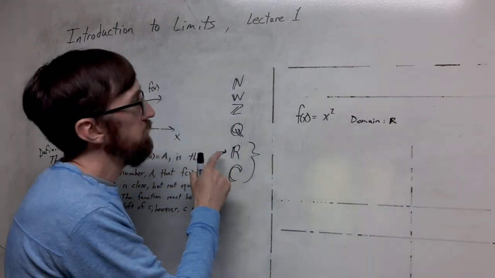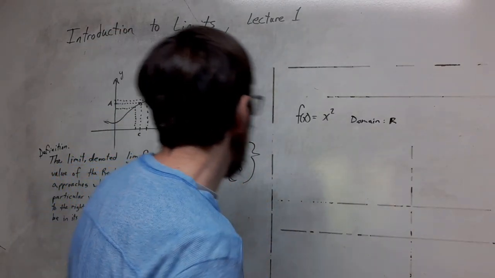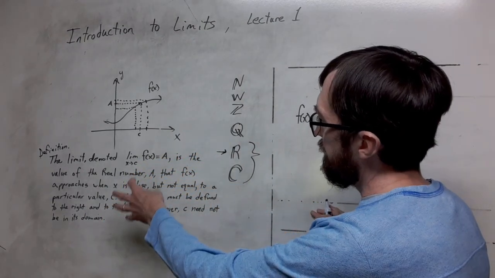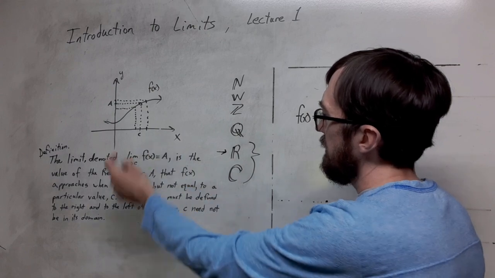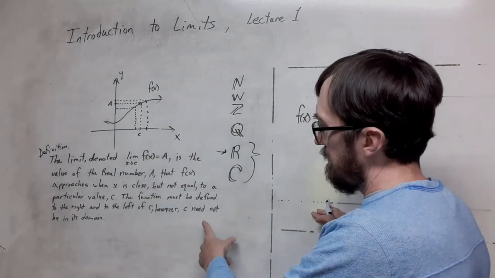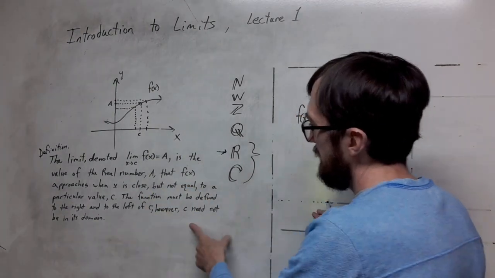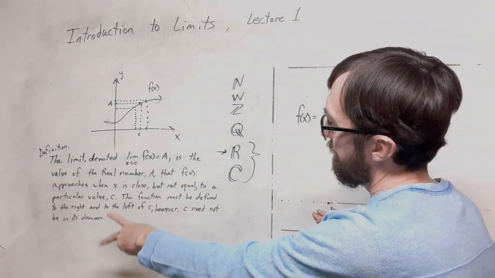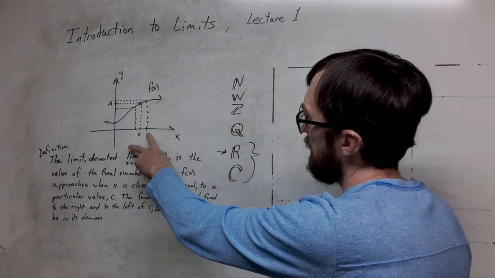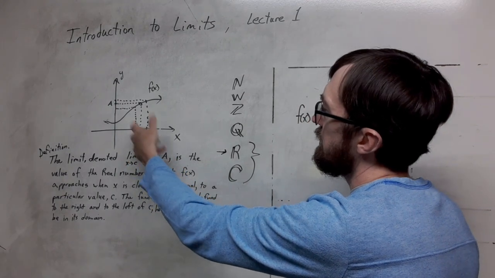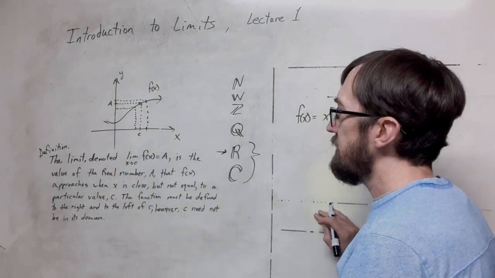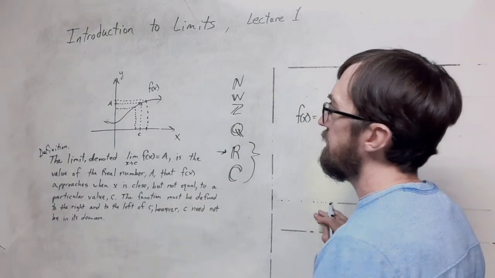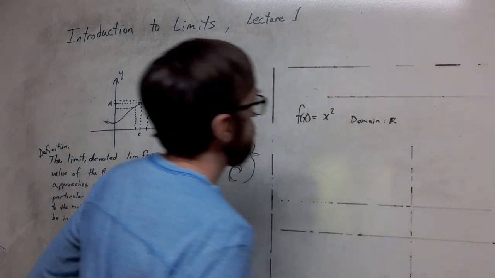So we are securely in this real number realm. And when we look at the definition here, any value that I choose here is in the domain, even though it doesn't have to be in the domain. And furthermore, to the left or the right for any of those numbers, they are also going to be defined in the domain of the f of x that I've chosen here.